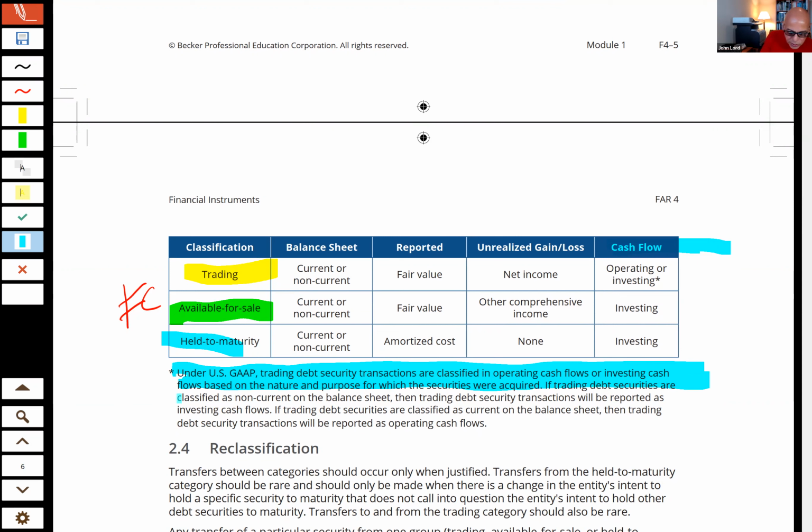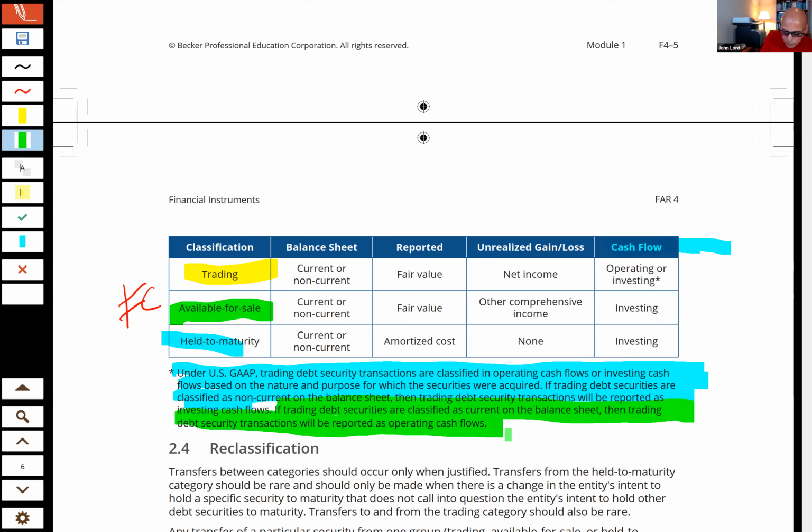If trading debt securities are classified as non-current on the balance sheet, then the trading security will be reported as investing cash flows. If trading securities are classified as current on the balance sheet, then the trading debt security will be reported as operating cash flows.